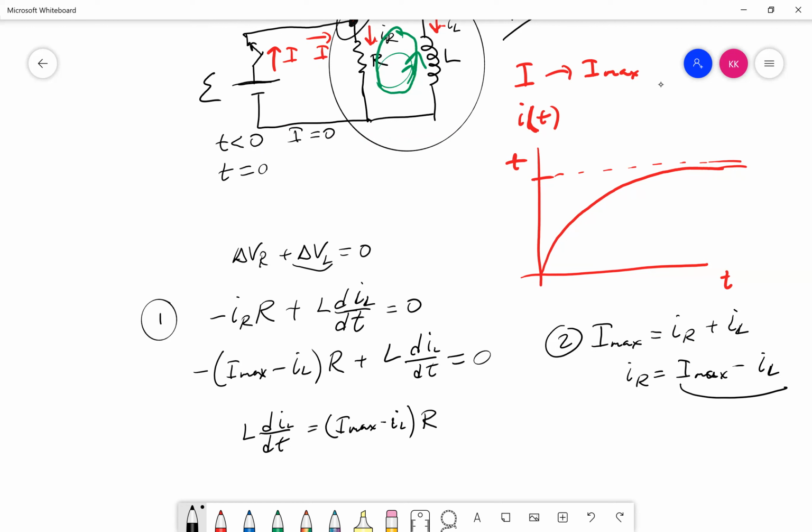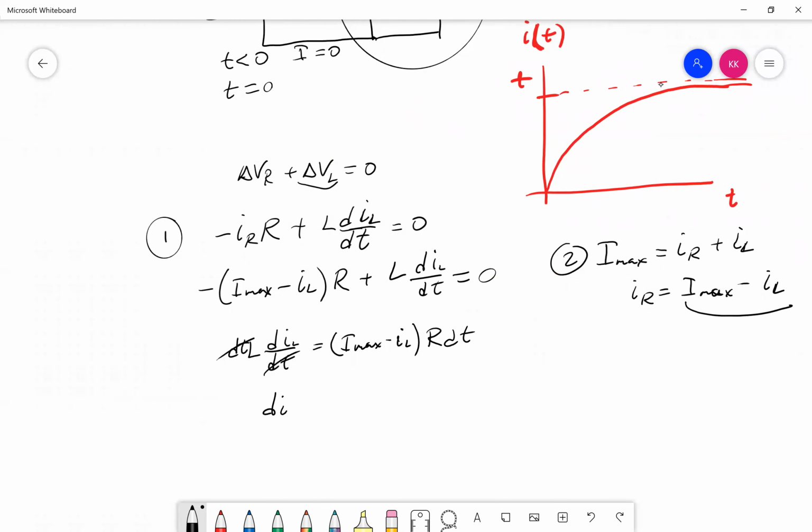Now what we do from here is cross multiply. Basically, multiply both sides by dt, which cancels that. Then we have dIL equals (I max minus IL) R dt, then divide both sides by this difference, I max minus IL.